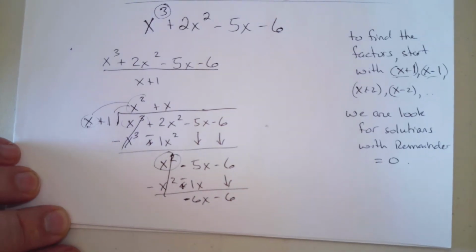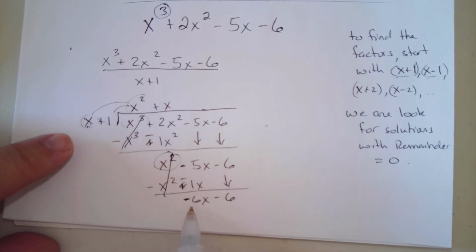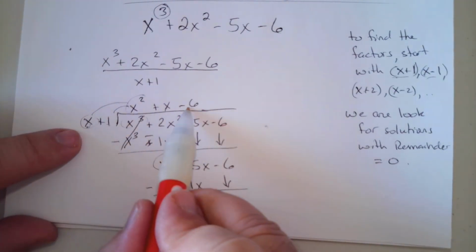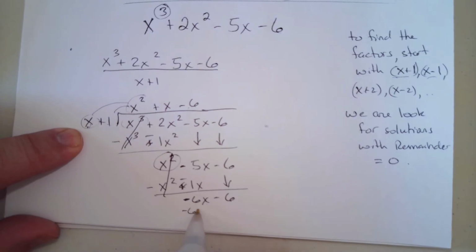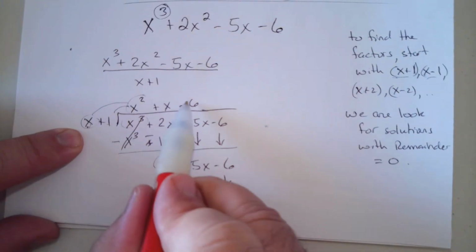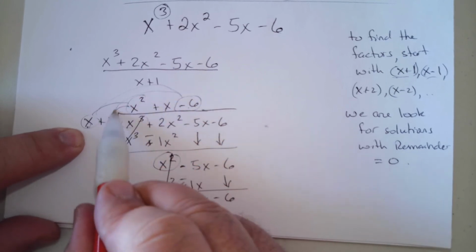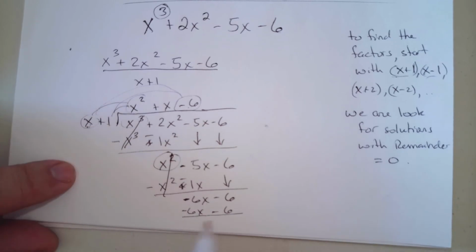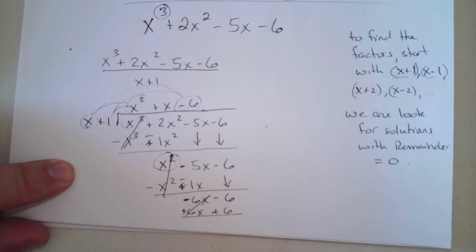Bring down what you have left, and repeat the process. Look at leading terms. What times x gives you negative 6x? It needs a negative 6. So negative 6 times x is negative 6x. Negative 6 times 1 is negative 6. Change the signs and add. Negative 6x plus 6x is cancelled. Negative 6 plus 6, we have the remainder of 0.